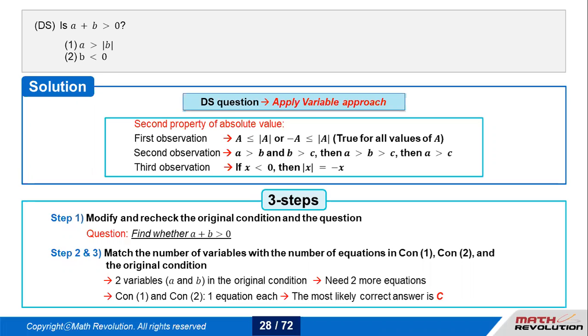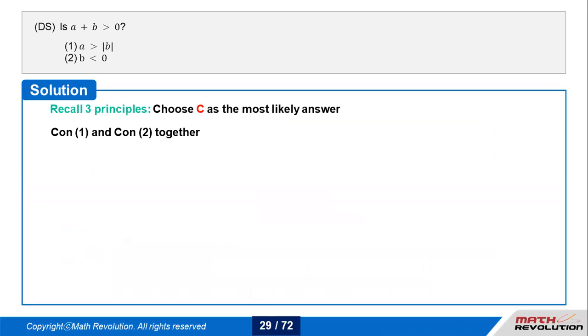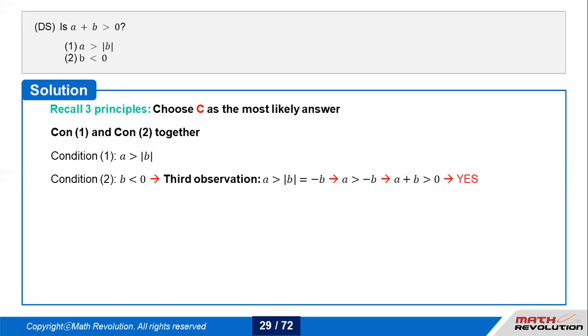If I'm saying that my answer should be C, I'll combine both the conditions together rather than wasting my time checking each condition separately. If I combine condition 1 and 2 together, it says B is less than 0 and A is greater than modulus of B. So A is greater than modulus of B, which is equal to negative B, because B is less than 0.